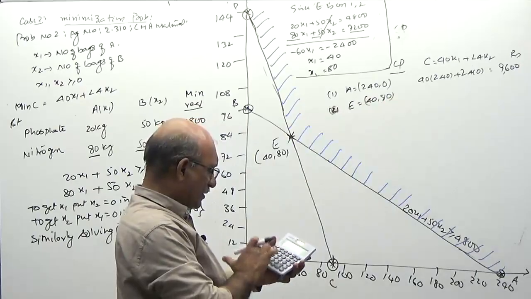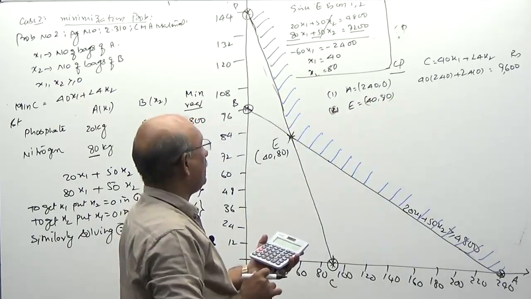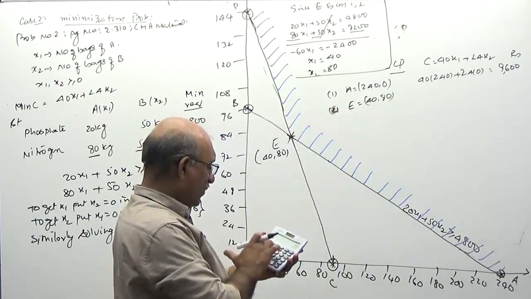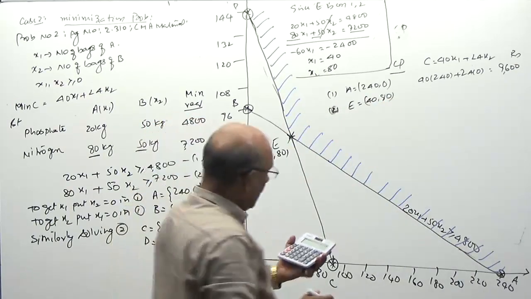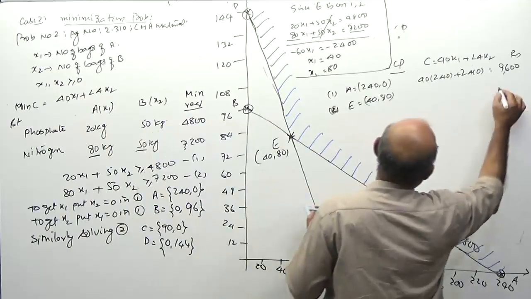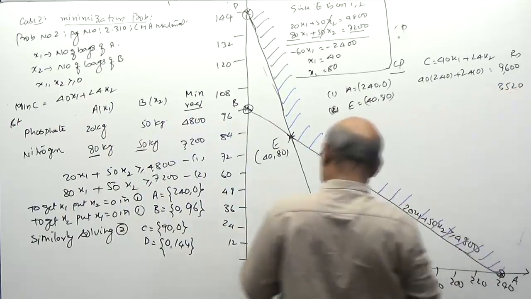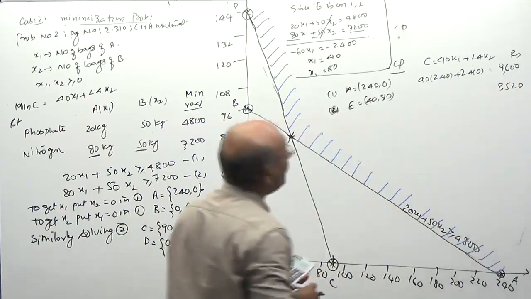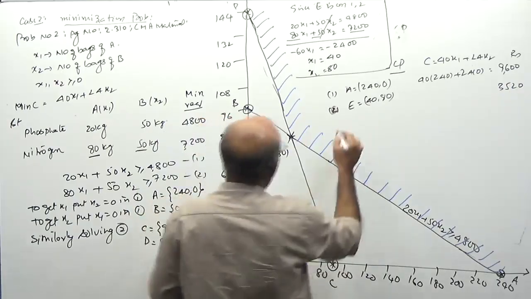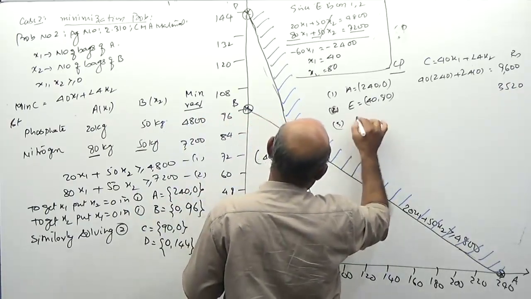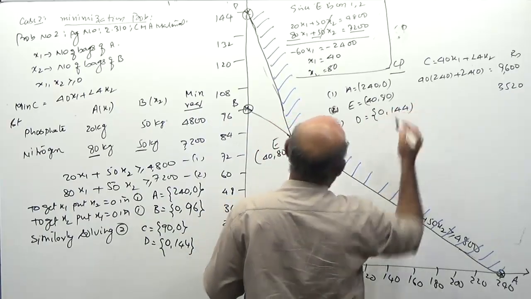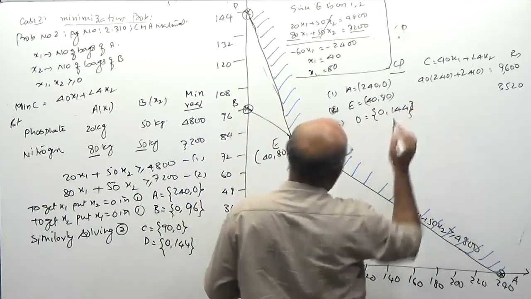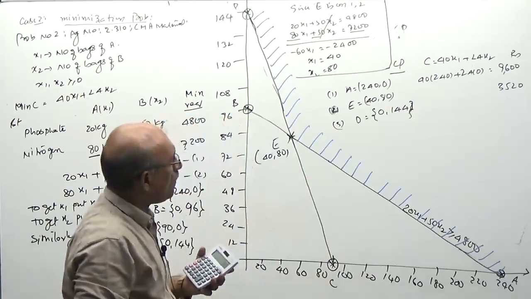40 into 40 plus 24 into 80 is equal to 3520. Next, D is equal to 0, 144.